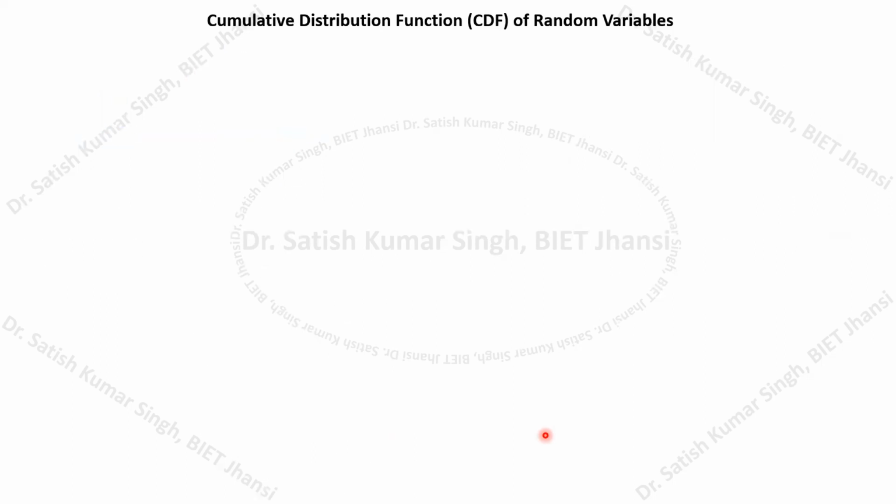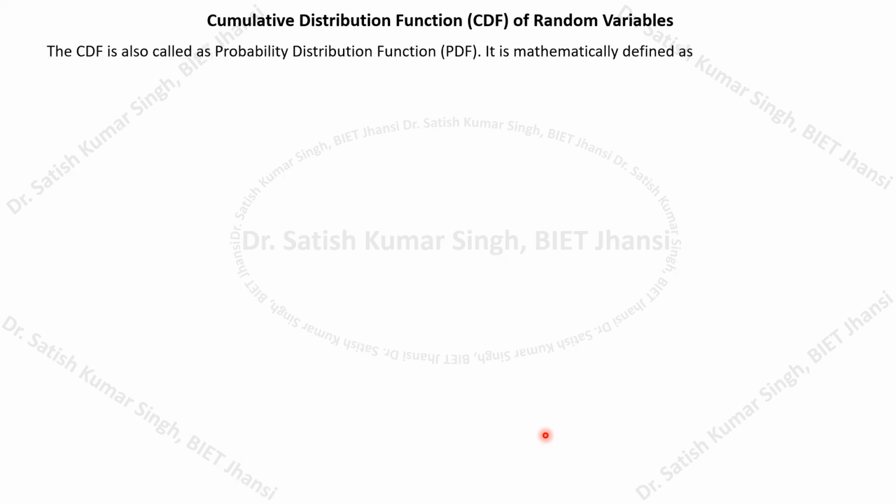Now come to the next point. The next topic that we have to understand is the cumulative distribution function of random variables. This cumulative distribution function is also known as the probability distribution function, and normally it is denoted by this particular mathematical expression.